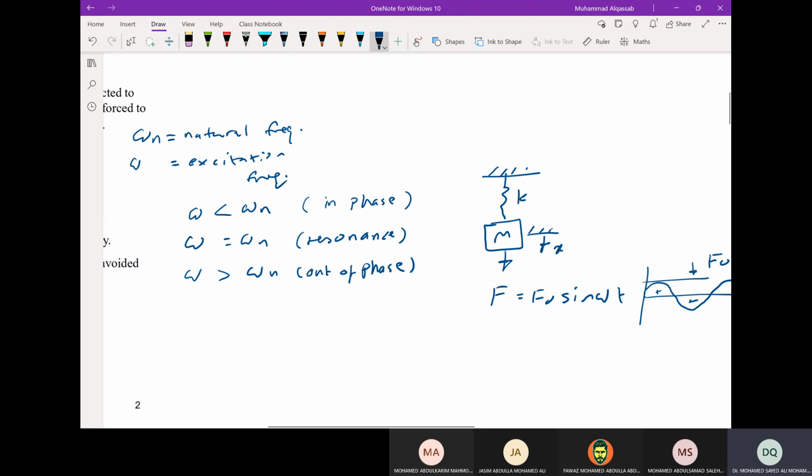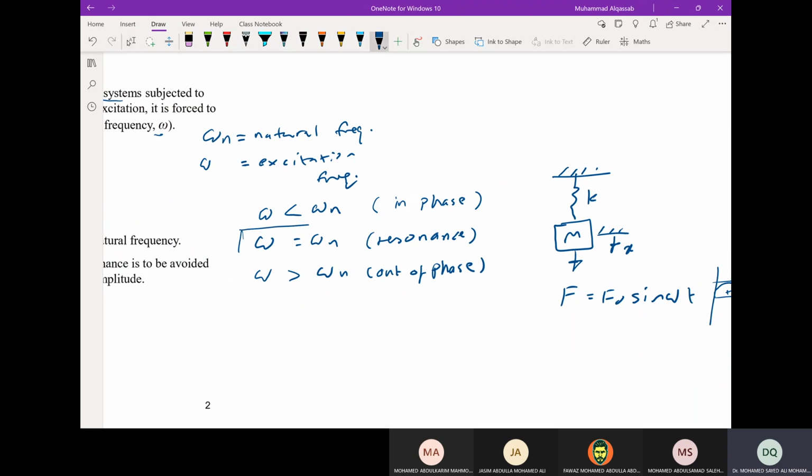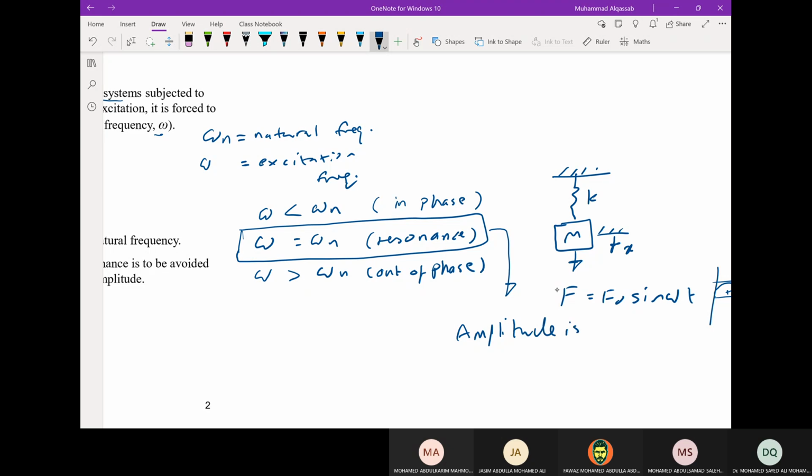And there is the case when omega equals omega n. That's called resonance. The amplitude here is the greatest. If you call this amplitude A1, this A2, and this A3, A2 is greater than A1, and A2 is also greater than A3.